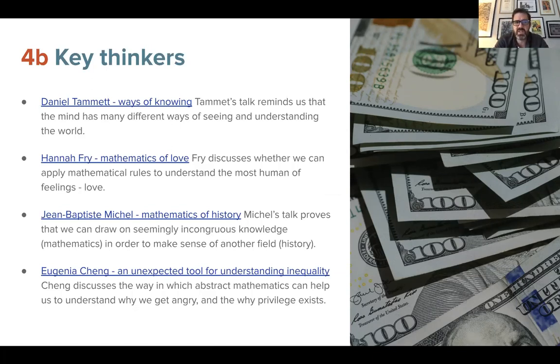These are four talks that I have really enjoyed and that I think work really well in a TOK/mathematics context. Daniel Tammet is a brilliant thinker and has a completely different way of looking at and processing numbers, the nature of numbers. He ascribes different colors and feelings and shapes to numbers.